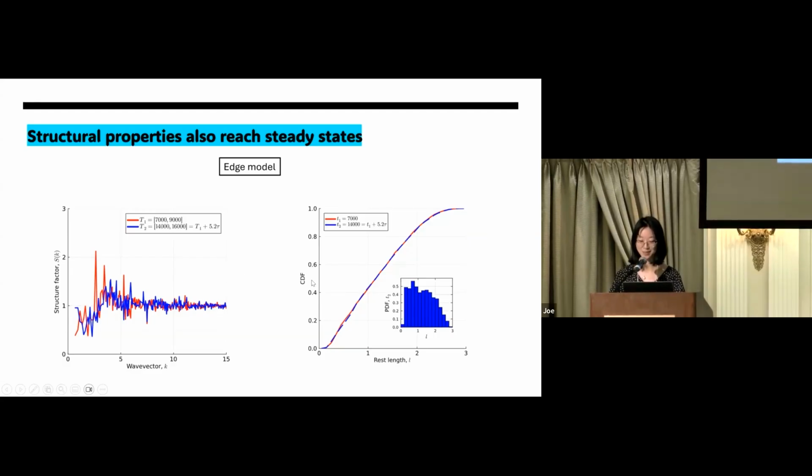And also for the same two time intervals, the cumulative distribution of edge lengths is also invariant. So this is almost like an equilibrium, but energy is constantly being injected and flowing out. So it's a dynamic steady state.